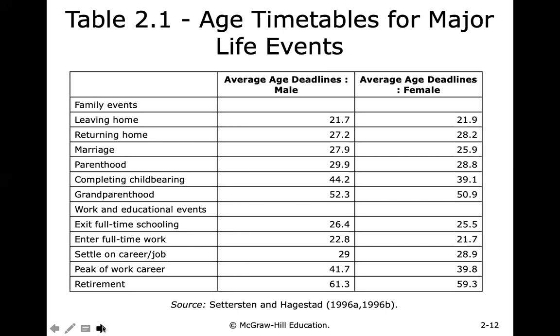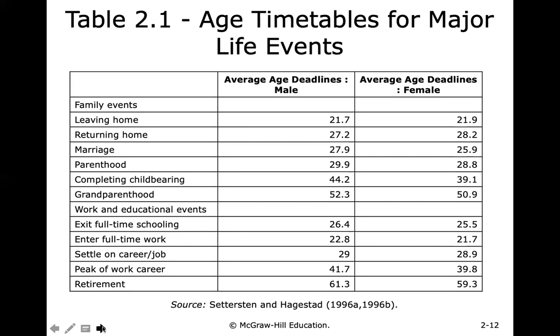So then we look at work and educational events. By the time that we need to exit schooling, remember when we first asked that question, when should I be done with schooling? In 1996, we said 26 for men and 25 for women. We said that a man at the age of 22 should have a full-time job and a woman 21. A man can settle on their career or their job by the time they're 29, and women 28, really only one-tenth of a year difference.